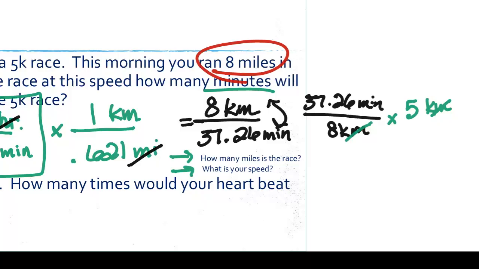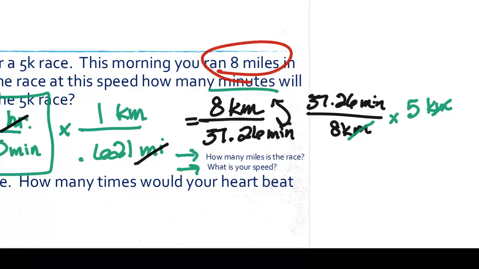Take 37.26, multiply that by 5, and then divide that by 8. That is 23.2875 minutes. Okay?